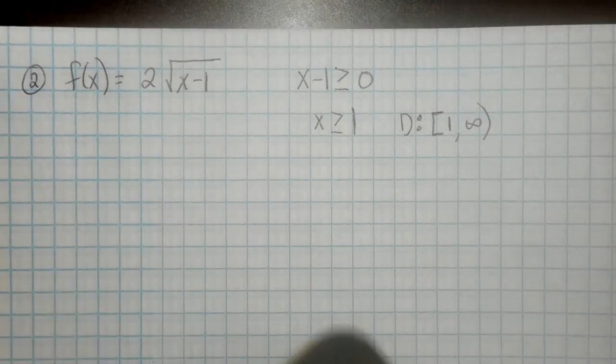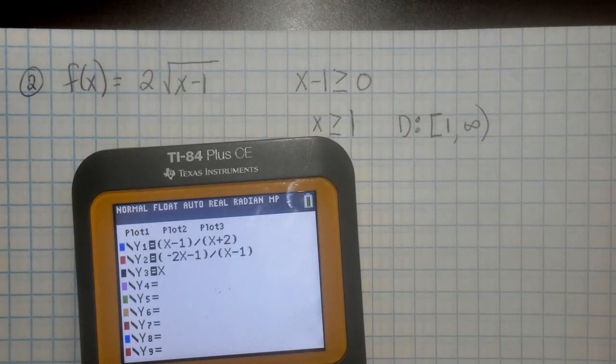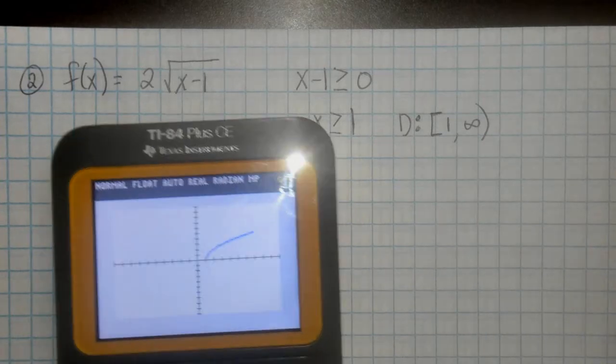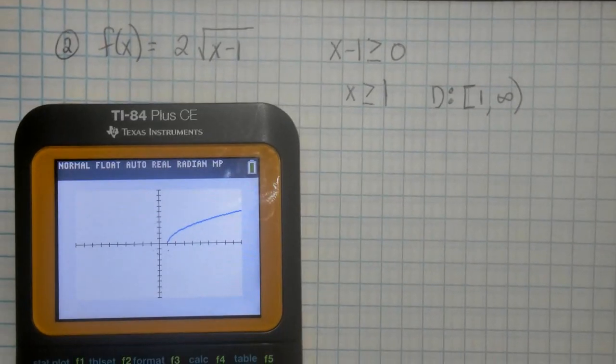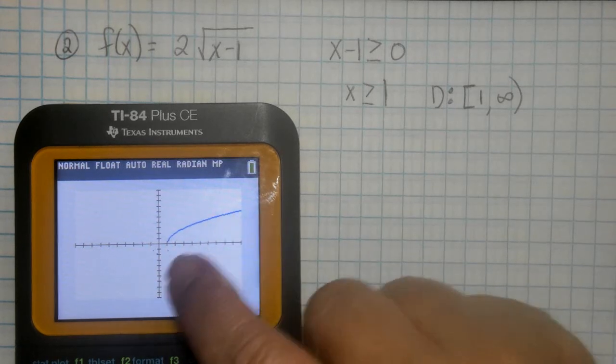Let's look at this guy's graph. Let's go to y equals. Clear this other stuff out of here. And let's put in 2 square root x minus 1. Does it become very clear now that the domain goes from 1 to infinity?